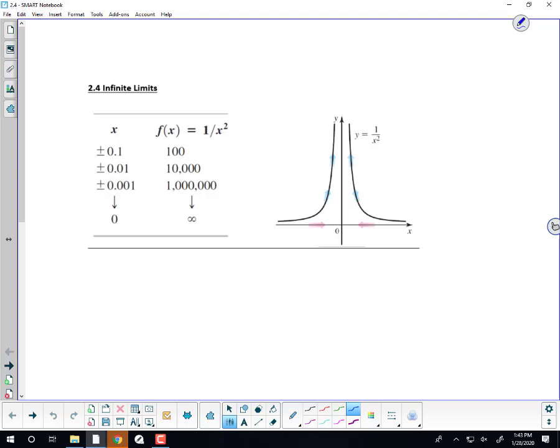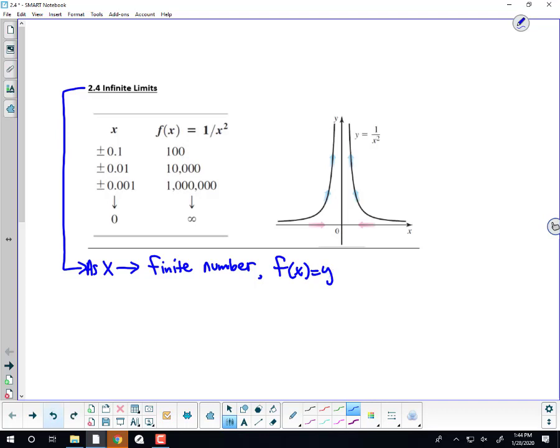So when we say infinite limits, what we mean is as x approaches a finite number, f of x, or y, approaches an infinity, positive or negative. It means the y values just get larger and larger in some direction.